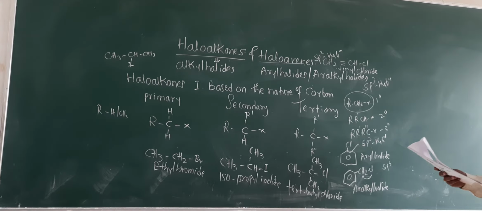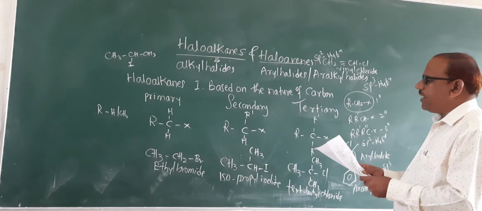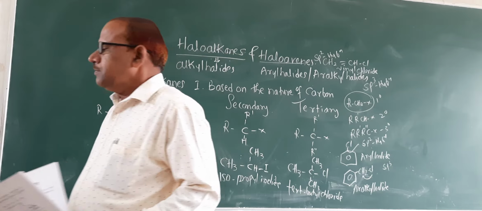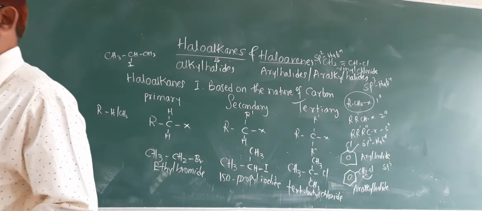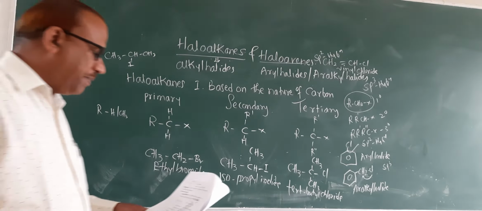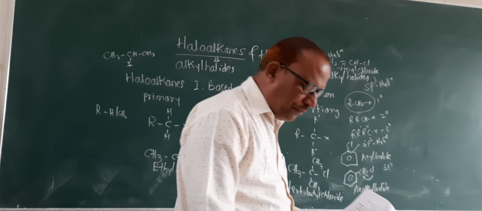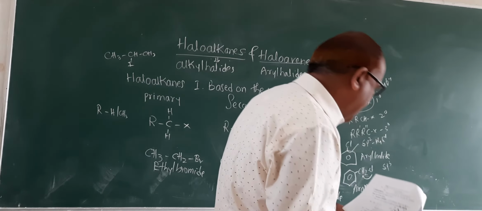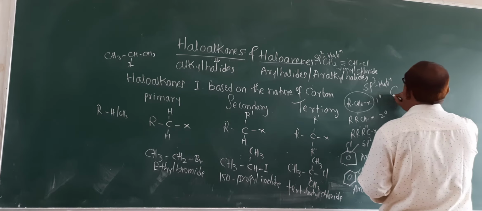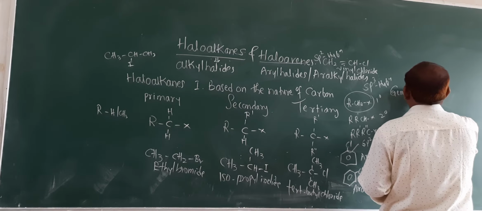There we also have another type of haloalkanes, dihalides. Dihalides means they will contain two halogen atoms, but there are two types. If both the halogen atoms are attached to the same carbon, they are called geminal dihalides.